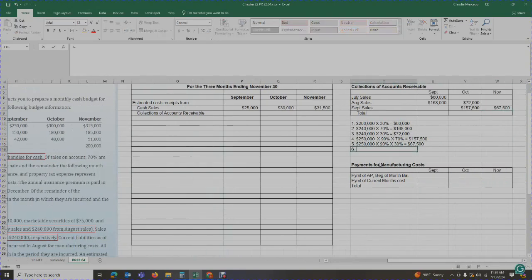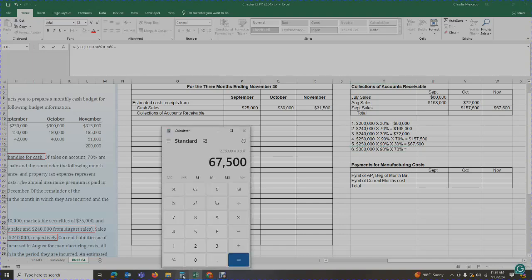For our October sales, we have sales of 300,000, and we are going to be collecting 90% of that because 10% is cash. And the month after the sale, we're going to collect 70%. So if we have the sale in October, we're going to be collecting 70% in November. So that's 300,000 times 90% times 70% of the collection.